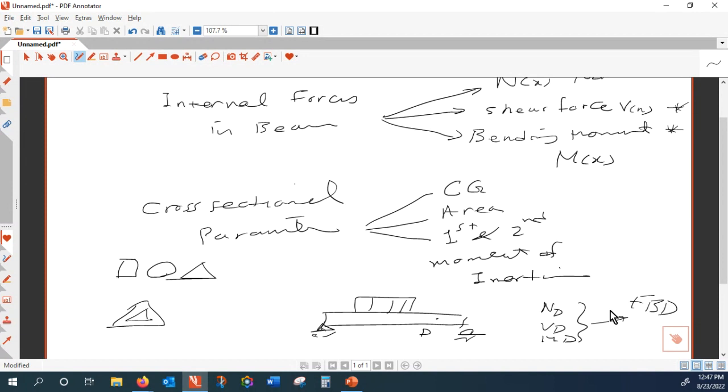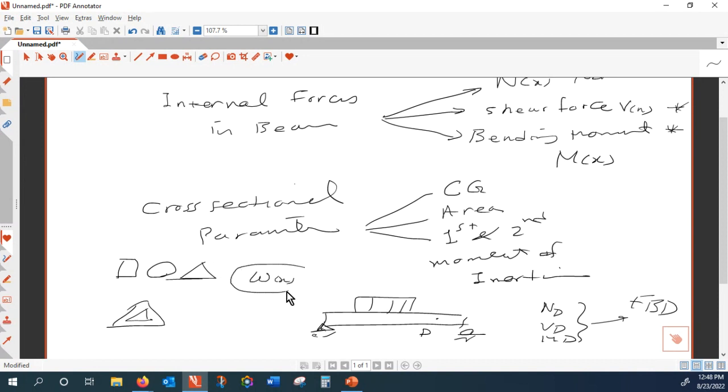Distributed loads, point loads, if there are variations, you have to split the beam into more zones, and every zone is governed by its external loads. All right. And the next thing is, for each zone, we start from finding W of X.